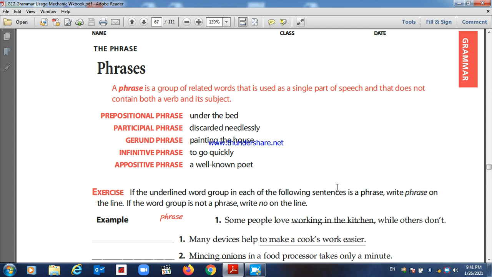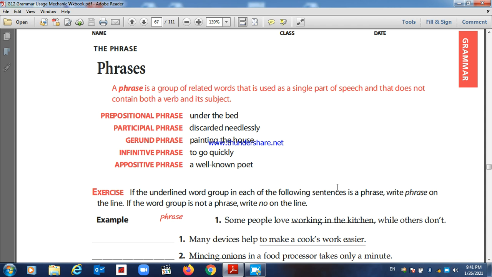A phrase is a group of related words that is used as a single part of speech and that does not contain both a verb and its subject. I mean, if we have a group of words with no subject, no verb, then this is a phrase. Okay? Then we have 5 kinds of phrases.